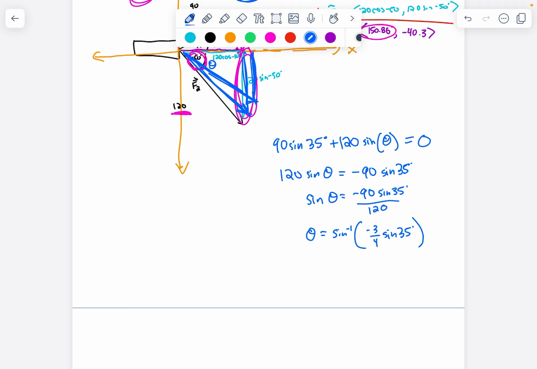Pretty interesting. So we're going to get a theta value here. Let me put that in. Arc sine of, I'm going to do a decimal, negative 0.75 sine 35. And what do we get? A negative angle. We check the reasonableness of this. Negative 25.48 degrees. Yeah, this kind of checks out.